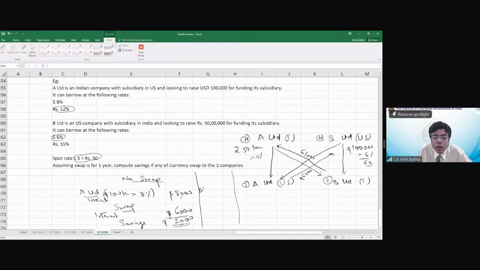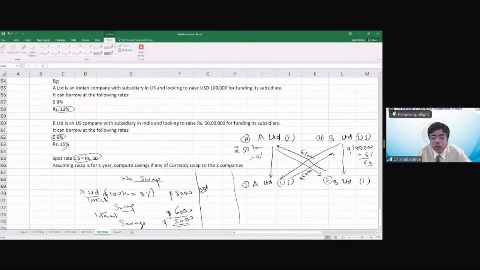Now let's repeat the same process for B Limited. For B Limited, what would have been the interest? Because it required INR, it had to borrow in INR terms at 15%.